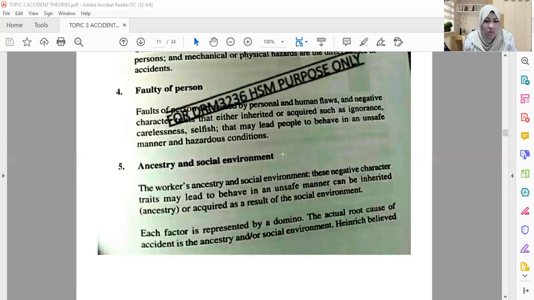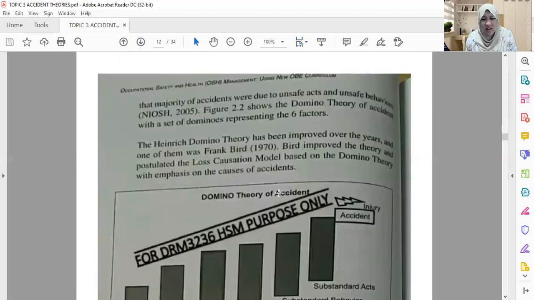So each factor is represented by a domino. Pernah dengar domino ni, dia macam memberi kesan kepada satu sama lain. And Heinrich believed that the majority of accidents were due to unsafe acts and unsafe behavior. So scholars who developed this domino theory said that this is due to two main factors, which are unsafe acts and also unsafe behavior, in NIOSH 2005.